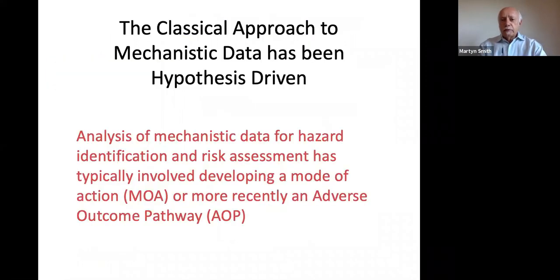The classical approach to mechanistic data has been hypothesis driven, and as scientists we all love hypotheses. It typically involves developing a mode of action, and more recently this has been replaced by the adverse outcome pathway concept, which is really a modification of the mode of action idea.